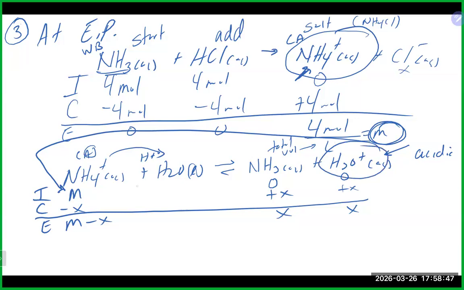This is going to go into our Ka value. Remember that we are producing H3O plus. So you most likely will have the Kb for your NH3, so you're going to have to use your Kw there to convert it like normal. And when you solve for X in this case, it will equal the H plus concentration. So that will get you your H plus concentration, and then you can go into your pH.